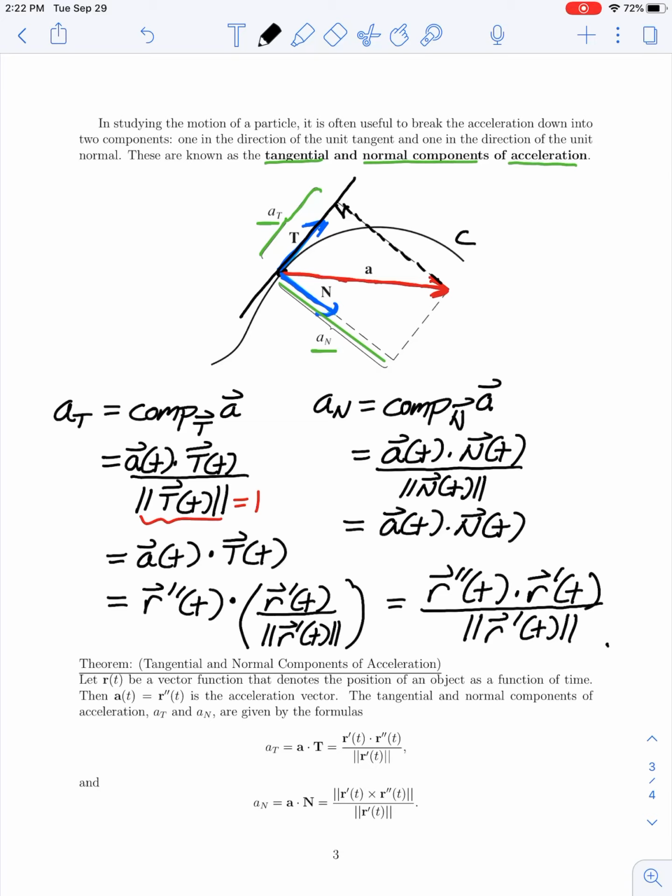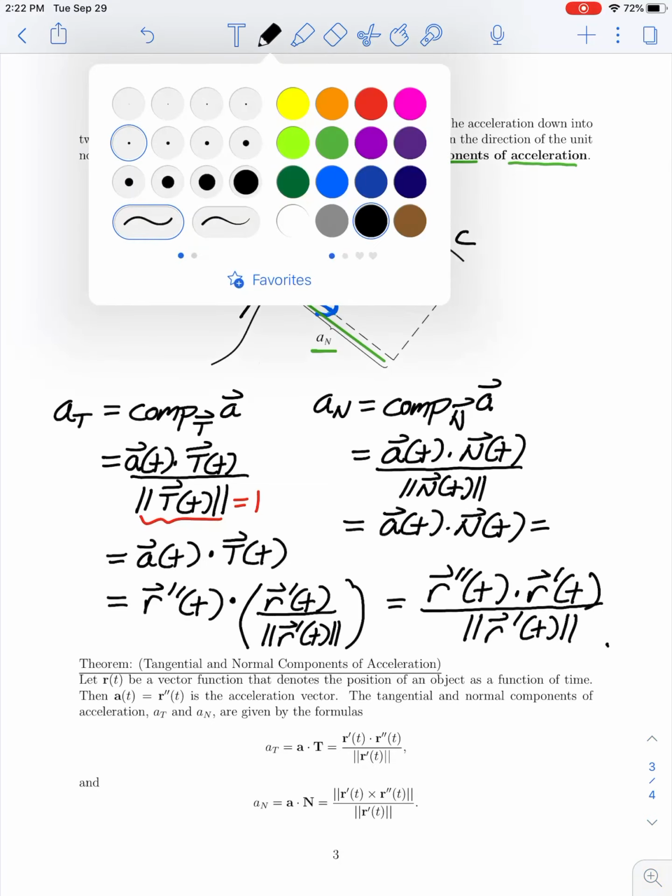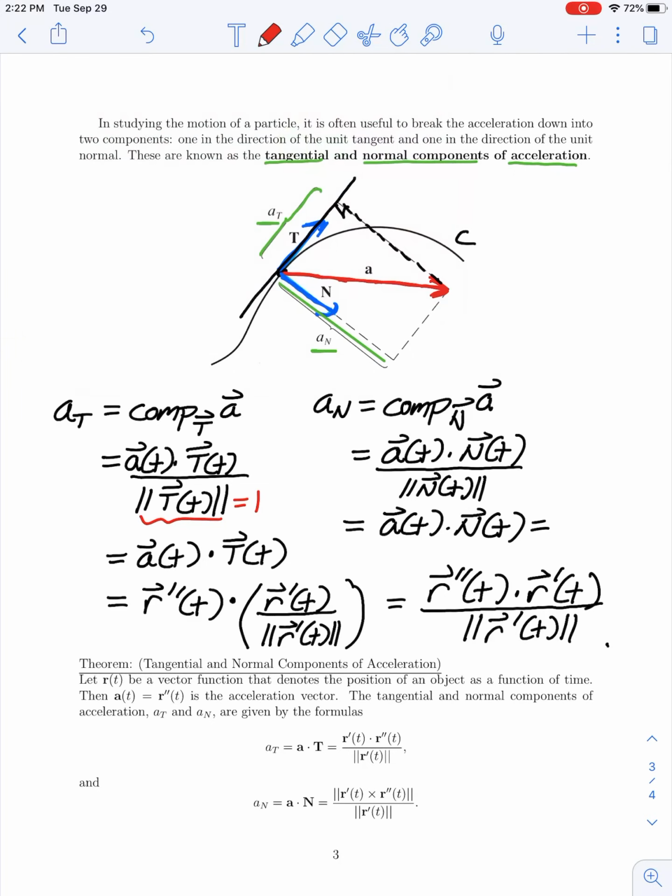Now, making use of some other expressions which we've seen involving curvature in our last section, we can simplify this formula for our normal component of acceleration a bit more to involve only the position vector r of t, and we arrive at the following theorem, which gives us formulas for the tangential and normal components of acceleration.